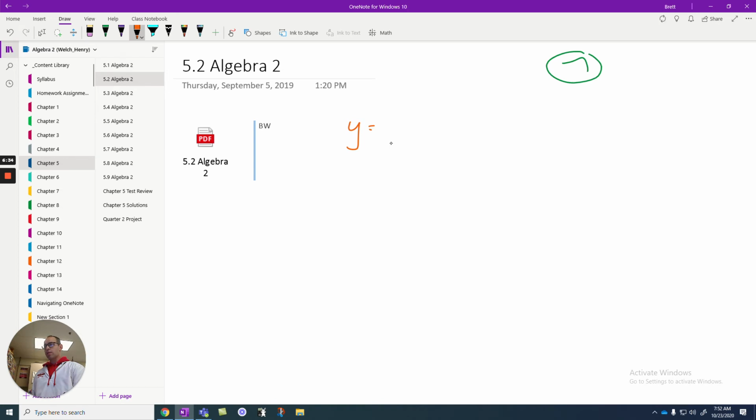So if I have y equals 3x cubed plus 2x squared minus 5x plus 1, and I want to find out what happens when x is 2, that traditionally means, and this is what we call direct substitution, that I'm going to have to plug in 2 into this equation in every position. 2 cubed plus 2 times 2 squared minus 5 times 2 plus 1.